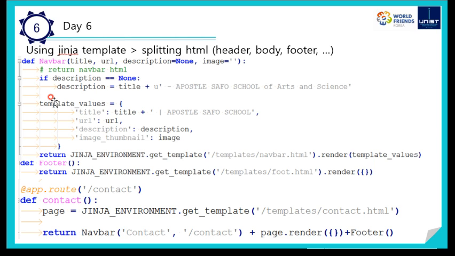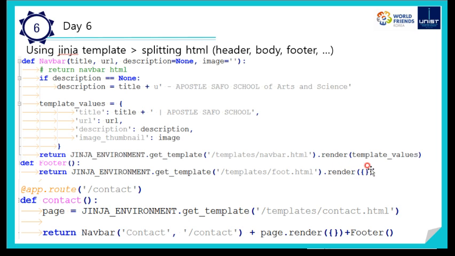So you can make a function for each navbar and footer like this. def navbar, and the parameter you want to put in, and return like we learned so far, inserting parameters.